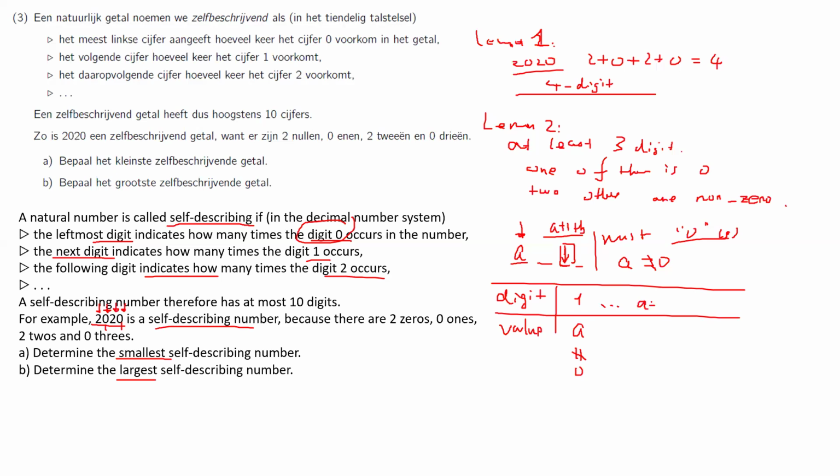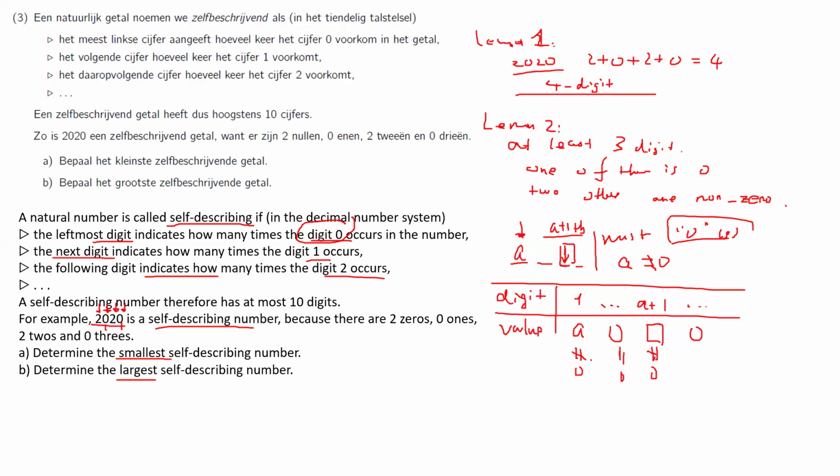Then the A plus 1 digit must be a non-zero number, because from the first one we know there must be zeros. So somewhere, before or after the A plus 1 position, we have a 0.